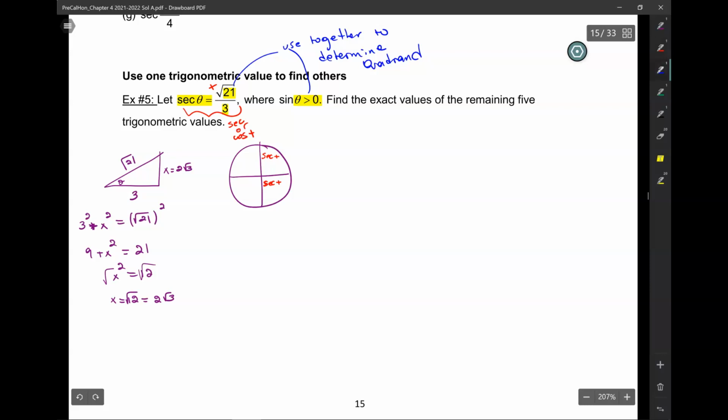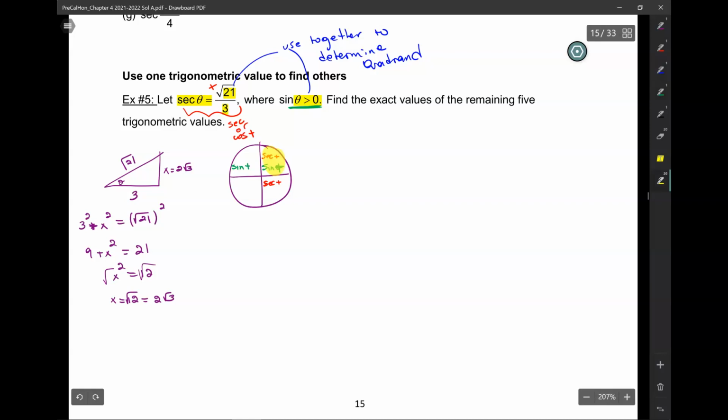Now it says sine is also positive. Where is that? The first and the second. When you do this, there's always going to be one quadrant where two items show up. That's the quadrant your angle is in.